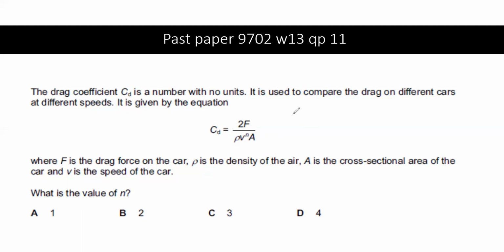I cross multiply, so rho V to the power of N A CD equals F. Since CD has no unit, we ignore this. And then the density is rho. The unit for the density is kilogram over cubic meter.